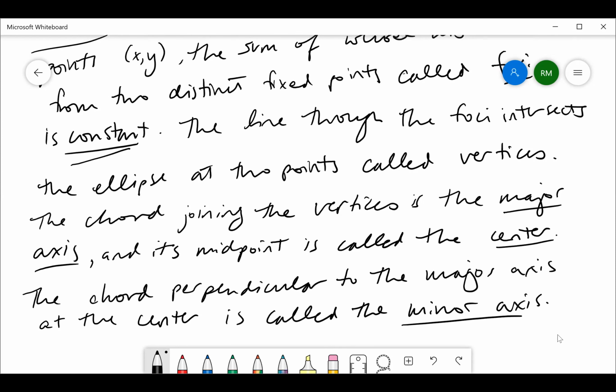Okay, so that's a lot of words. Let's take a look at what these actually are.